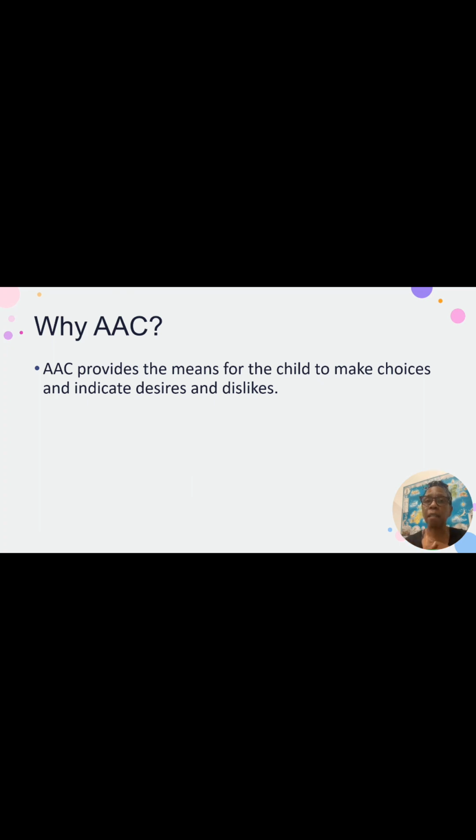As a result, the child relinquishes any attempt to make his or her desires known and becomes extremely passive. Learned helplessness is something we don't want to promote in our children, and that is why we will use AAC, because as I said, it allows the child to make choices and indicate desires and likes and comments and ask questions, because at the end of the day they are a person and should be given the right to do so.